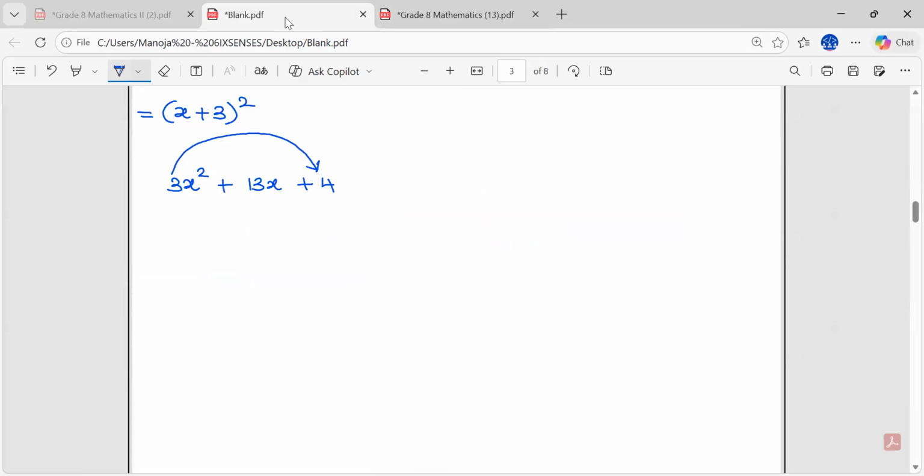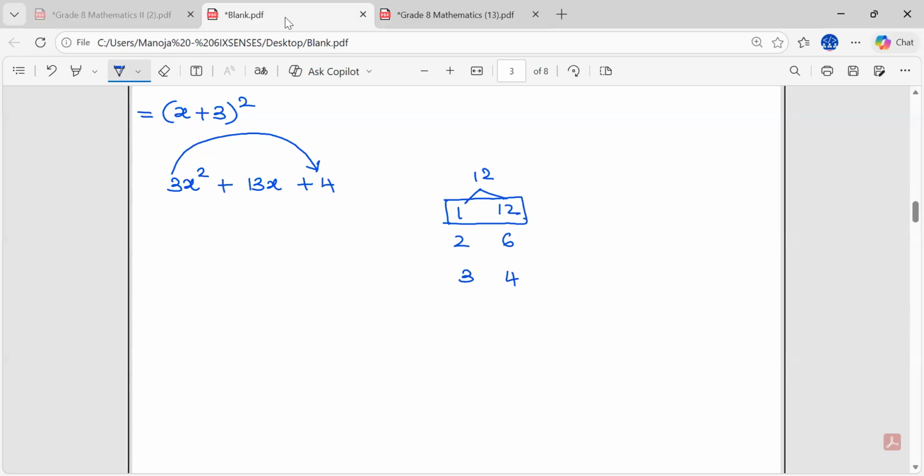And some teachers explain this in a different way, but this is how I recommend you to do. By any chance, if you are familiar with any other method, it doesn't matter, you can continue. 3 times 4, 12. And I get the factors of 12: 1 times 12, 2 times 6, and 3 times 4. Out of these, I select this pair because I can have the middle 13.